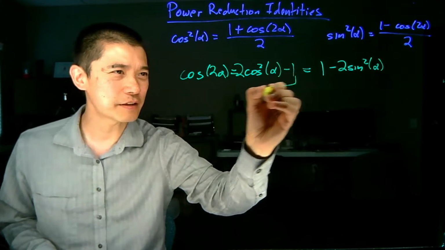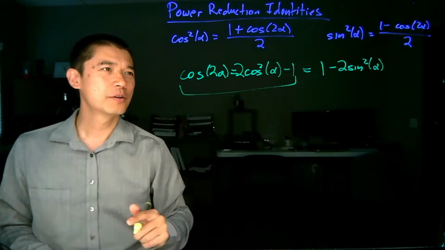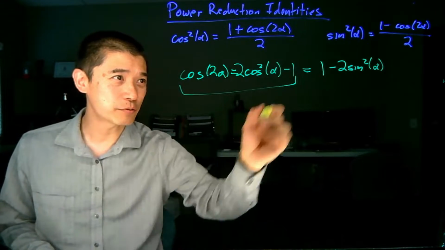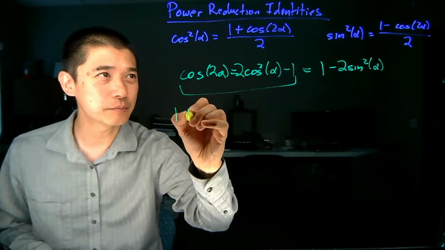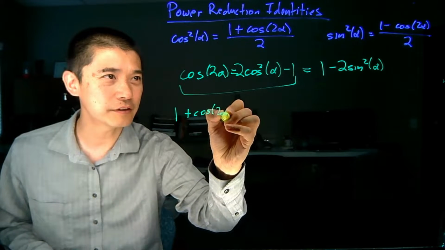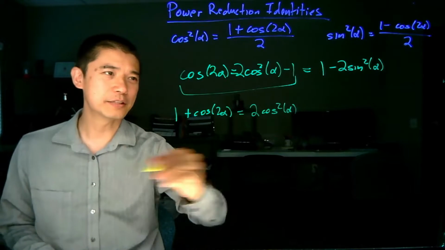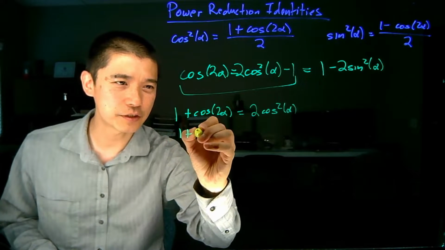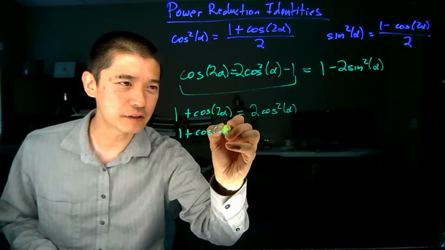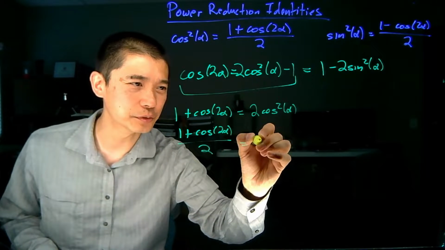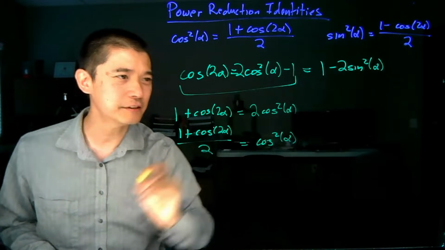Let's focus on the left-hand side first. We need to isolate the cosine squared terms. We're going to add 1 to both sides. So 1 plus cosine of 2 alpha is equal to 2 cosine squared alpha. And then divide both sides by 2. 1 plus cosine 2 alpha all over 2 is equal to cosine squared alpha.